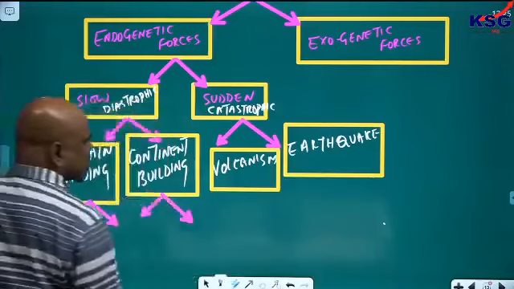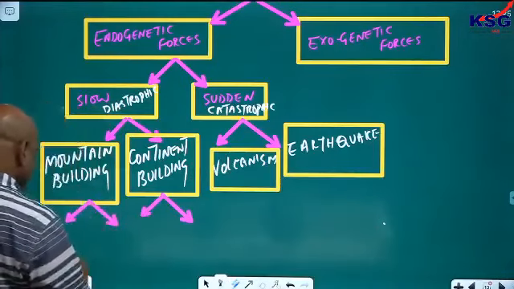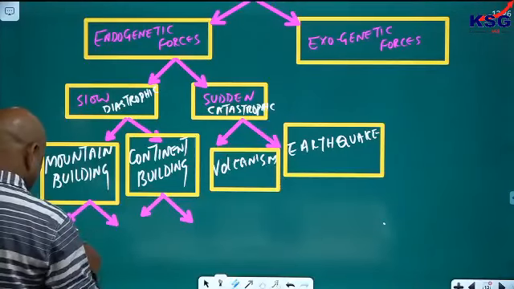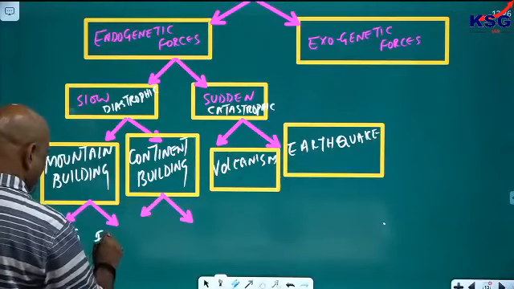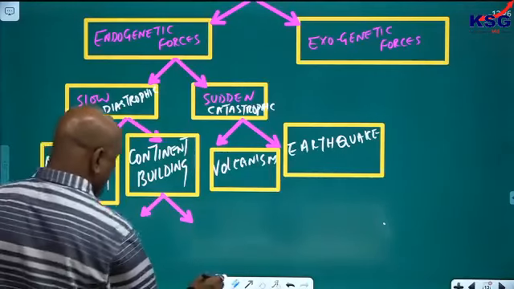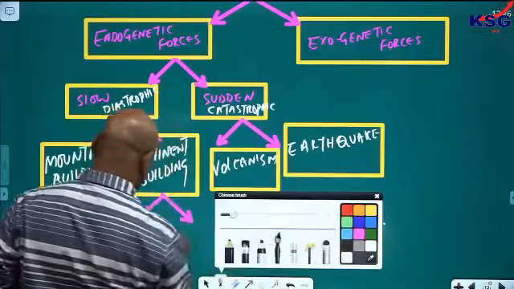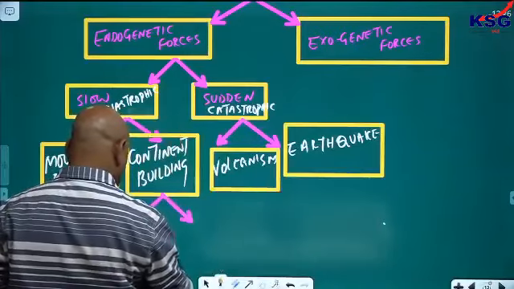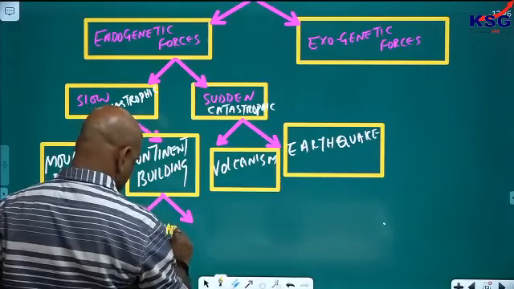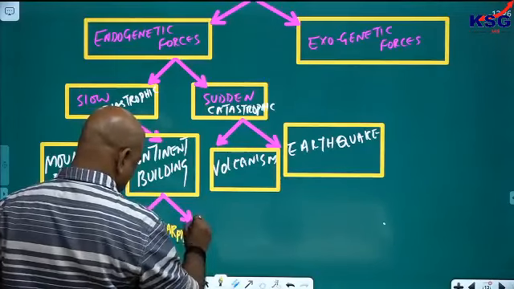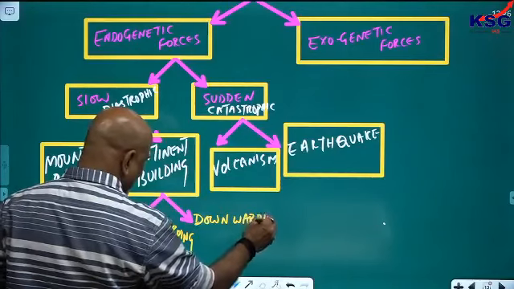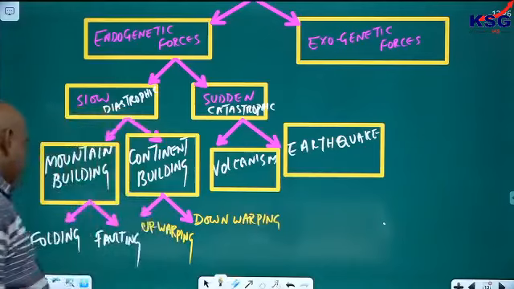So in mountain building, two processes are there: folding and faulting. In continent building you have upwarping or downwarping.